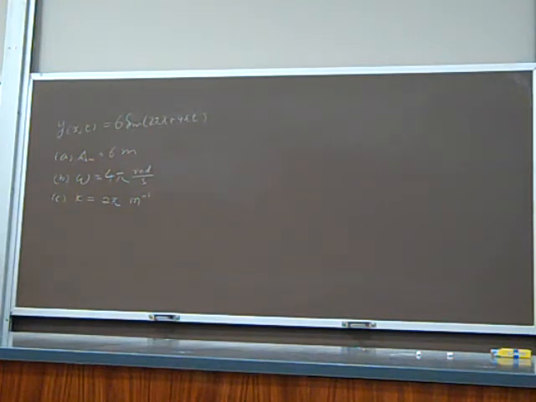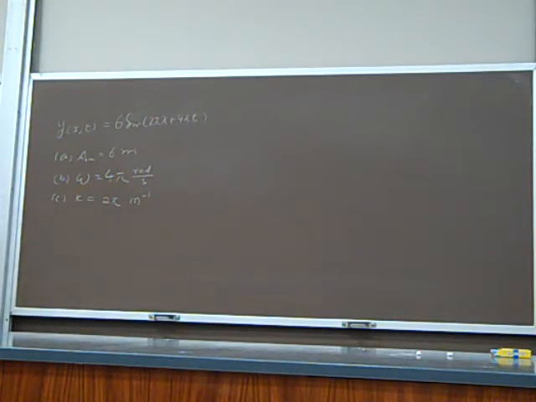It's 1 over meter. You can think about k as proportional to the reciprocal of wavelength, right? Wavelength has a unit of meter, so the reciprocal has a unit of 1 over meter. So this is the unit of the wave number.